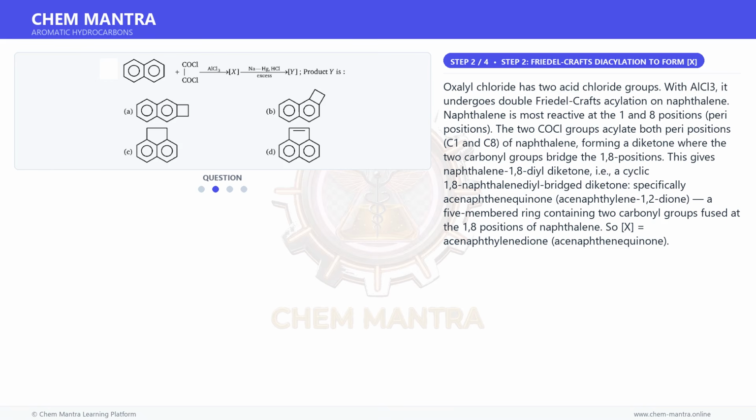This gives acenaphthylene-1,2-dione, a 5-membered ring containing two carbonyl groups fused at the 1,8 positions of naphthalene. So, X is acenaphthenequinone.